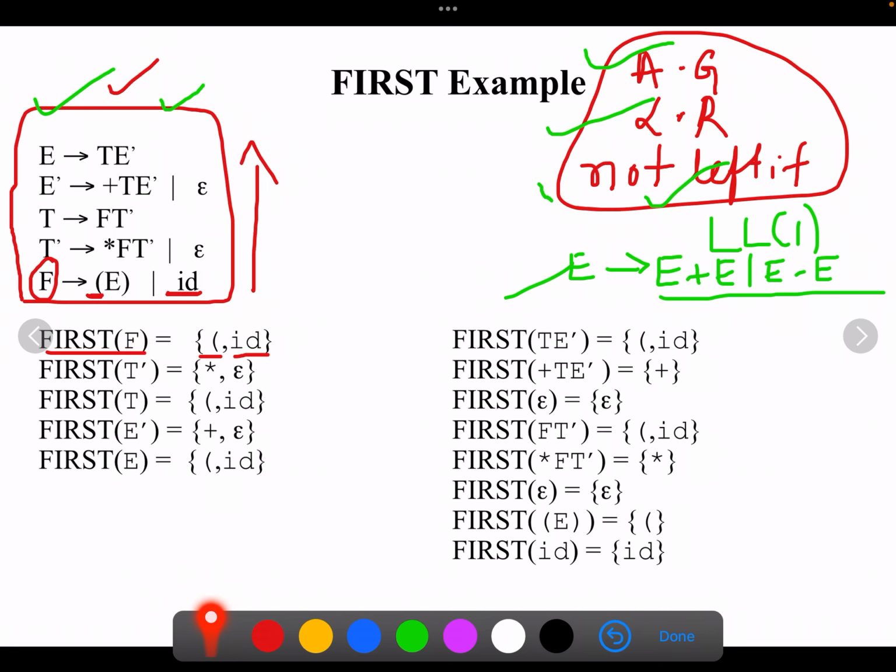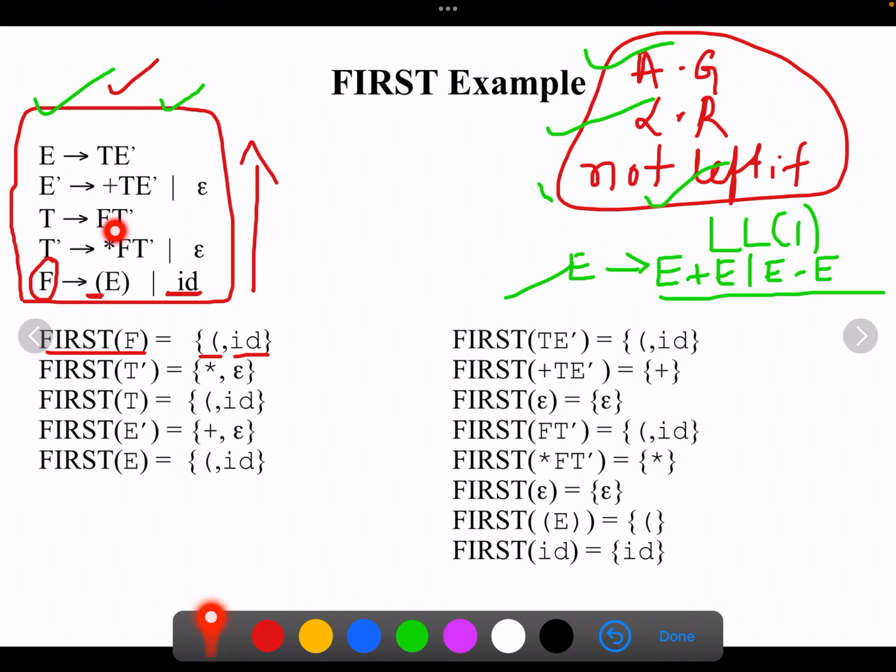So what is first of T dash? The first symbol is the star, write that. Then another production is T dash produces epsilon. So epsilon, write that. Similarly, moving on to first of T. First of T here starts with capital F. It is a non-terminal, which is different from the previous example, right? So if it is a non-terminal, what is to be identified is the question now.